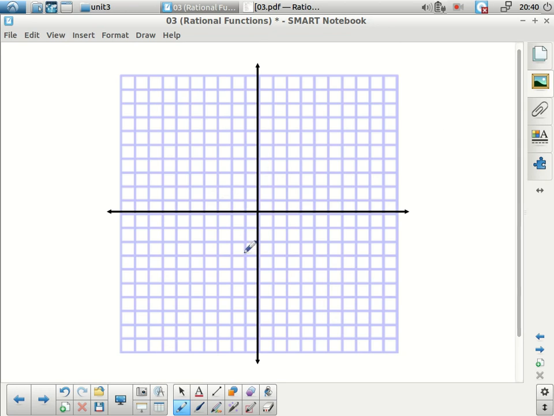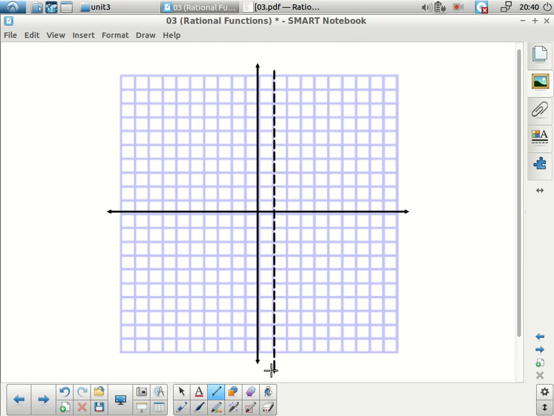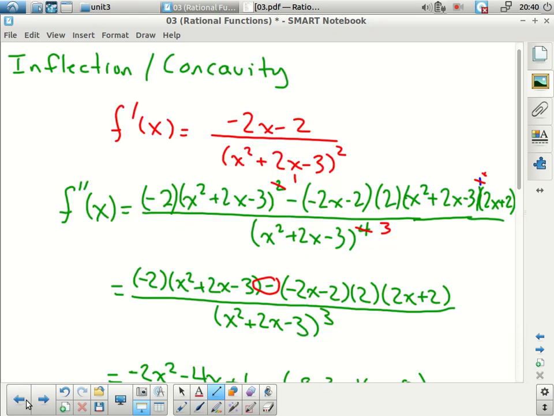So let's review what we had here. We had asymptotes at, I believe, 1 and negative 3. So here's an asymptote at 1. Here's an asymptote at negative 3. Let's double check.